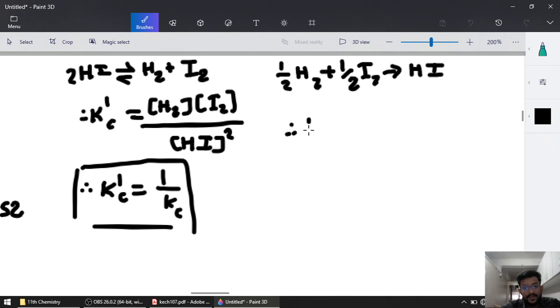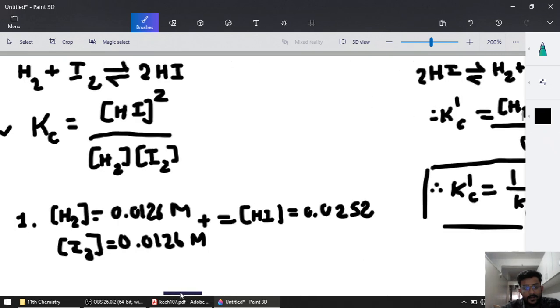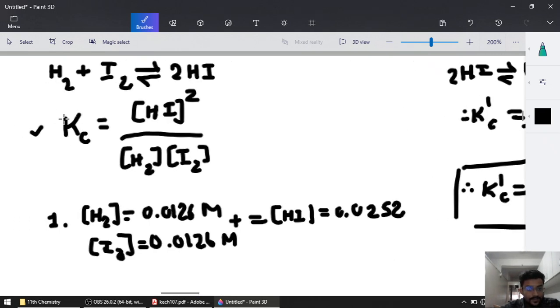For this reaction, Kc dash will be equal to the concentration of HI divided by [H2] raised to 1 by 2 into [I2] raised to 1 by 2. And if you take 1 by 2 of the power, you will get our Kc.